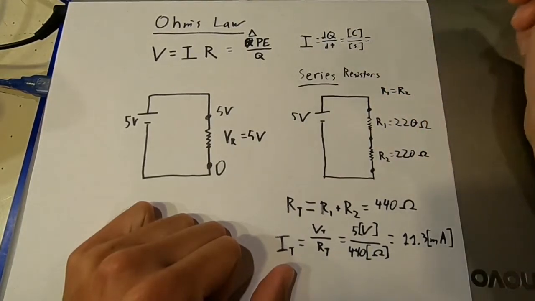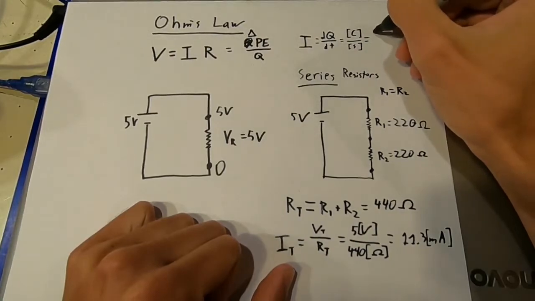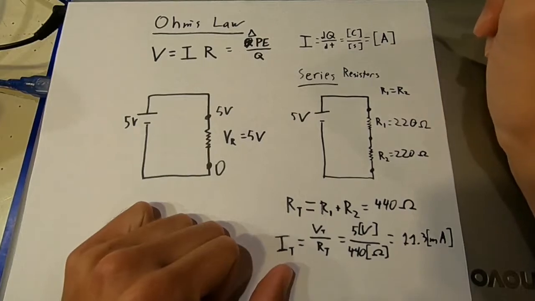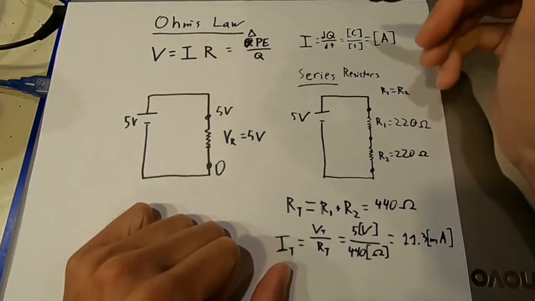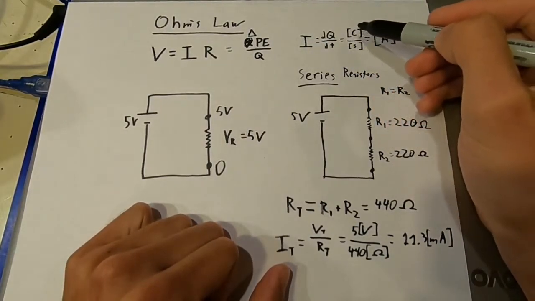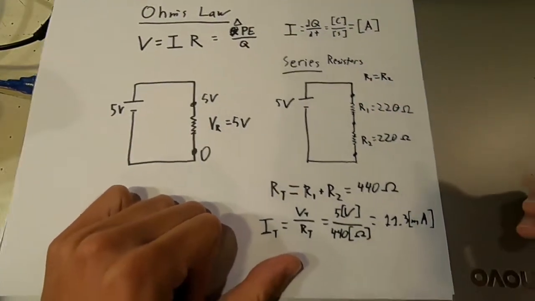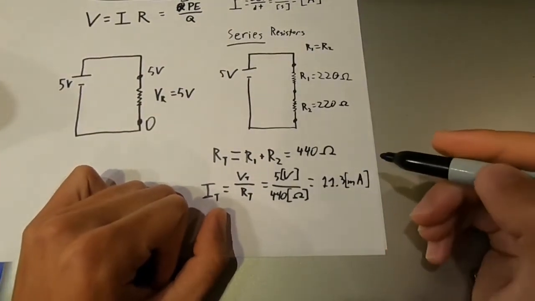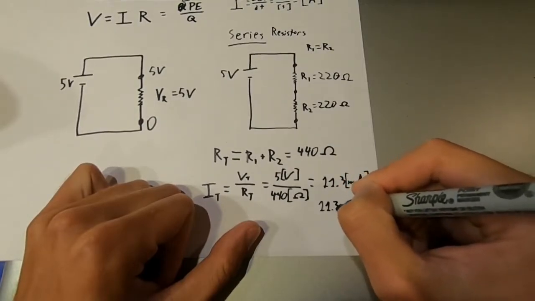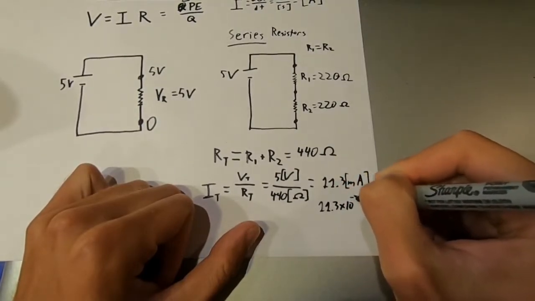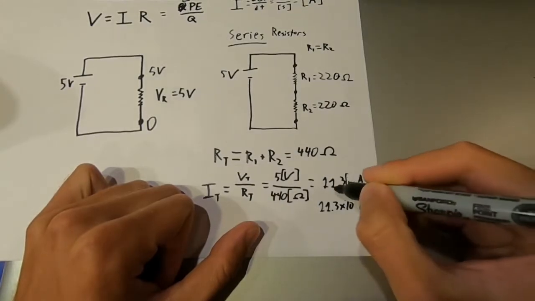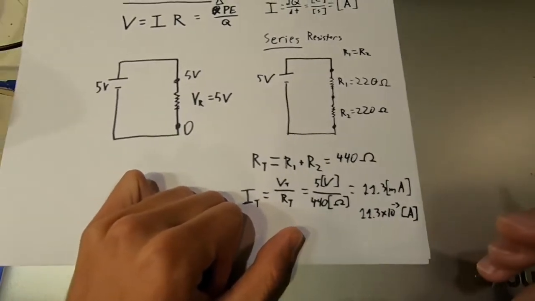But more commonly, we're going to refer to this as amperes, as A. So amperes are our units for charge per time, which is the same thing as coulombs per second. So 11.3 milliamperes is the same thing as 11.3 times 10 to the negative 3 amperes. This is just a little bit of a nicer form.